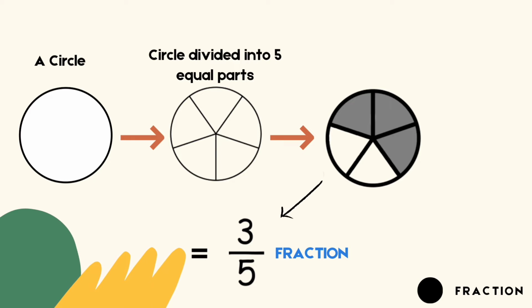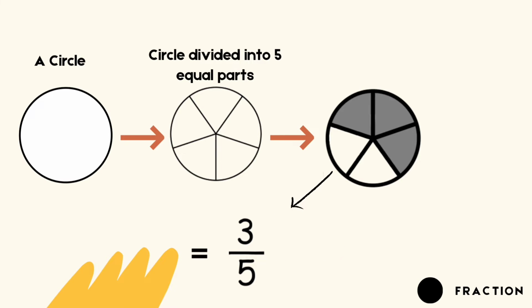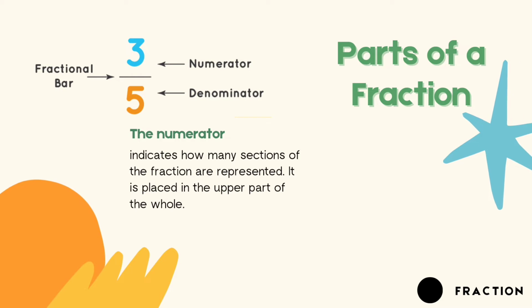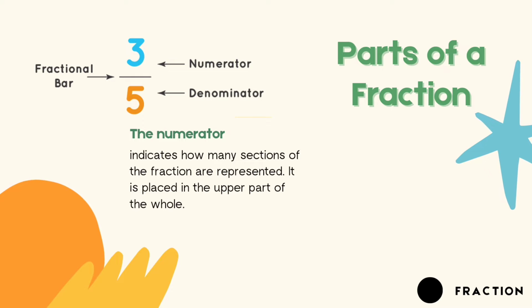Based on the previous example, a fraction has two parts, one on top and one on bottom. The top is the numerator, which indicates how many sections of the fraction are represented.